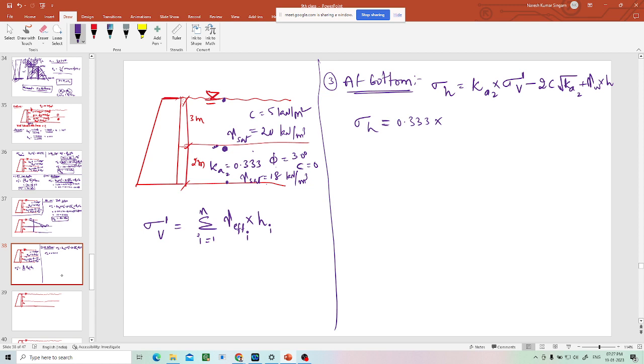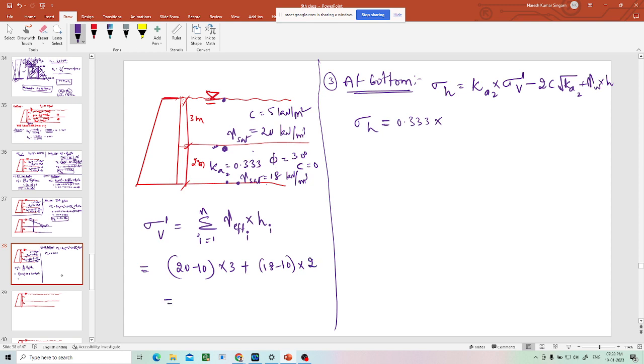Now gamma effective means gamma submerged. If it is gamma bulk, use gamma bulk. If it is gamma saturated below the water table, then it will become gamma submerged. So now tell me how to calculate at the bottom. At the bottom means up to this point. Gamma effective 20 minus 10 multiplied by h is 3 meter, plus gamma effective of this, 18 minus 10, multiplied by the height, 2.